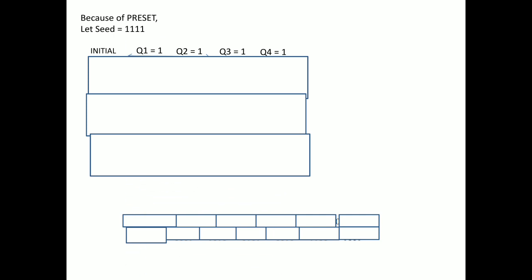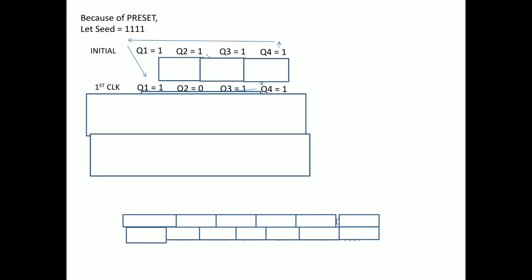At the first clock cycle, when we apply the clock, the shift registers will work. The first flip flop gets input as q4. You can see the arrow mark, q4 is given as input to d, so q1 follows d. q1 equals q4 value 1, so q1 is 1.